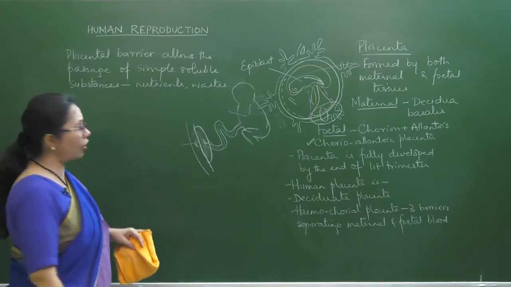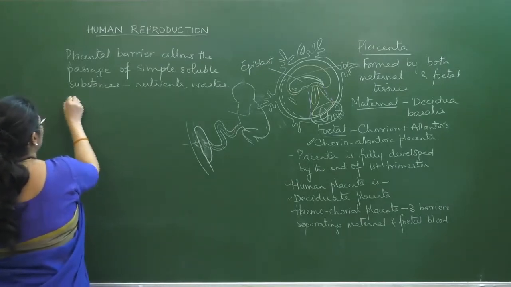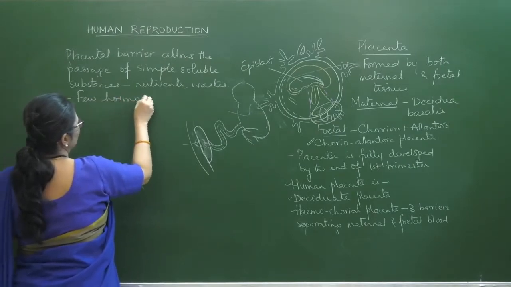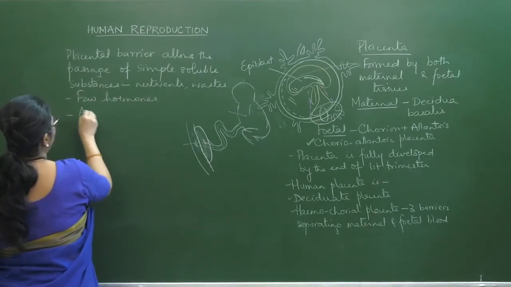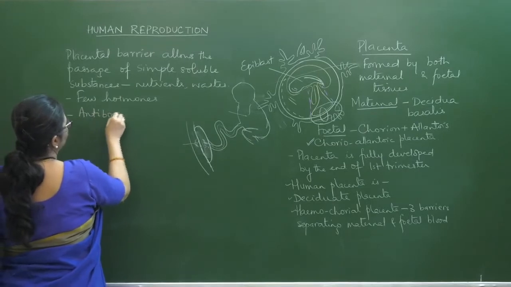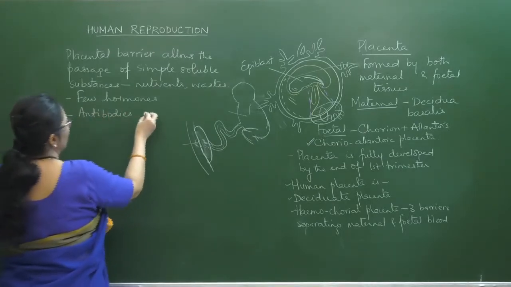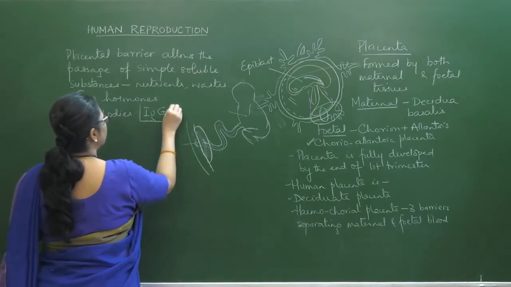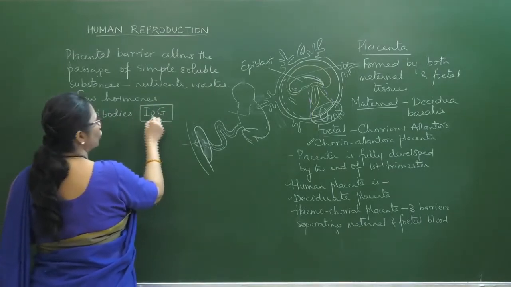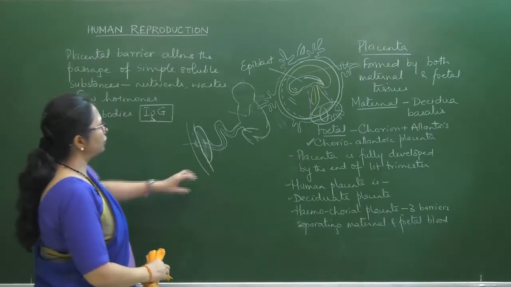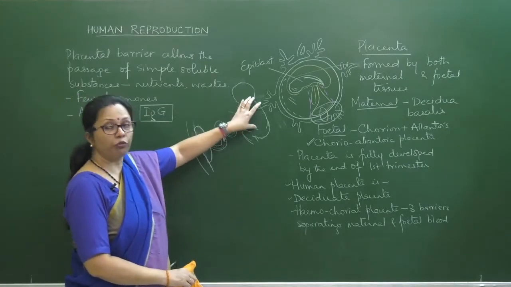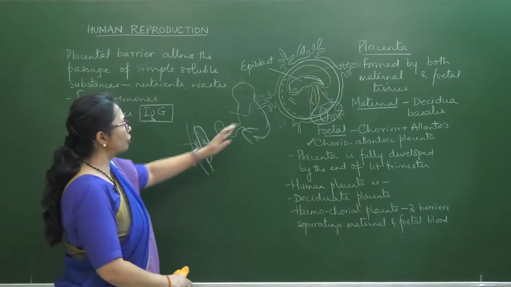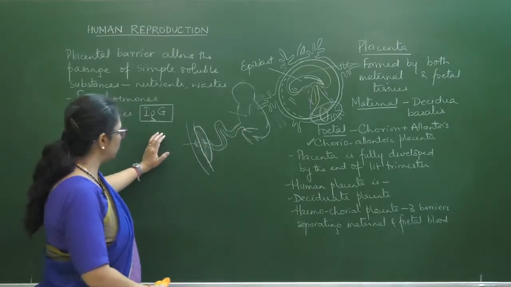Then some of the hormones can cross, okay, few hormones, not all, mind it, few hormones. Then one particular antibody, not all, one of them only, that is IgG. These are the smallest antibodies, and these can cross the placental barrier, and these provide passive immunity. This will be when preformed antibodies are given, this is passive immunity, so passive immunity to the fetus.